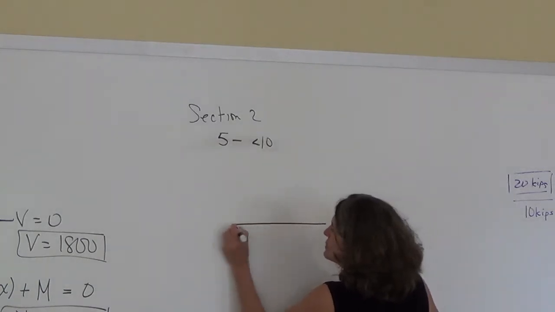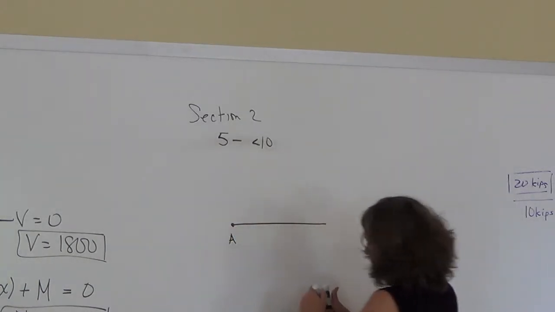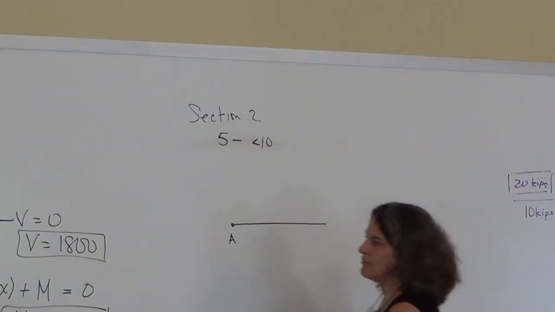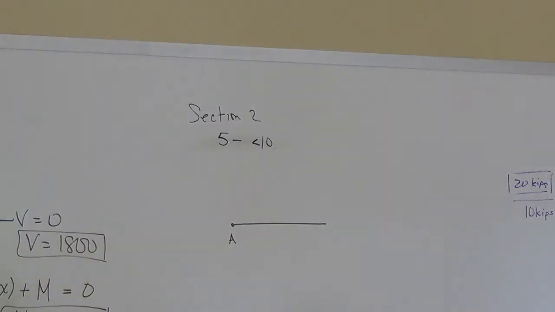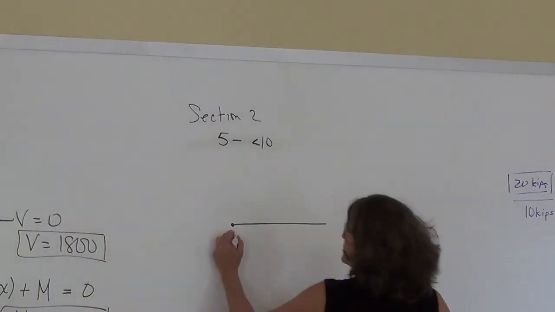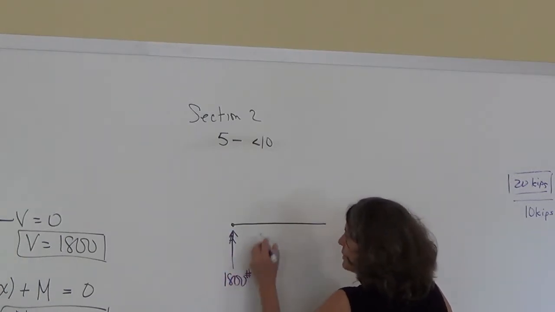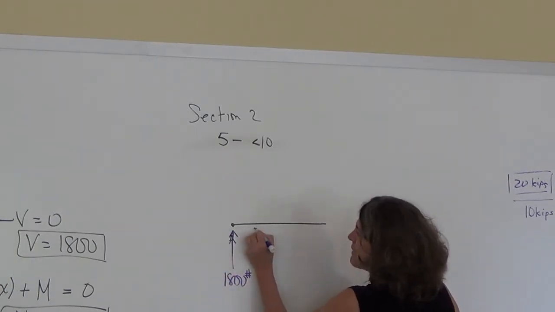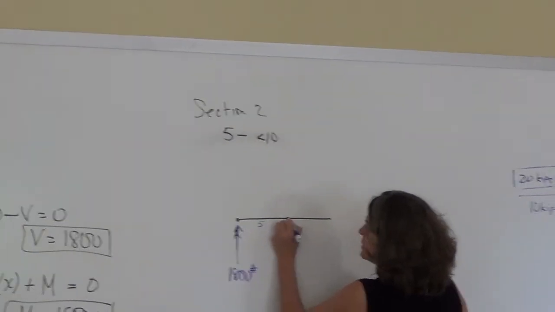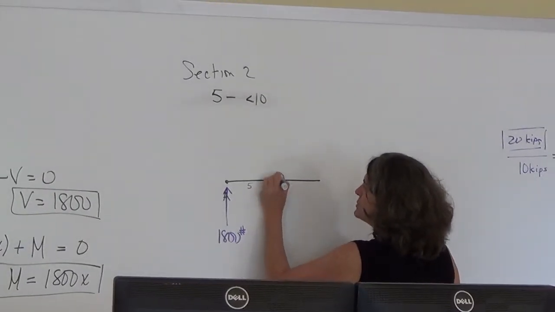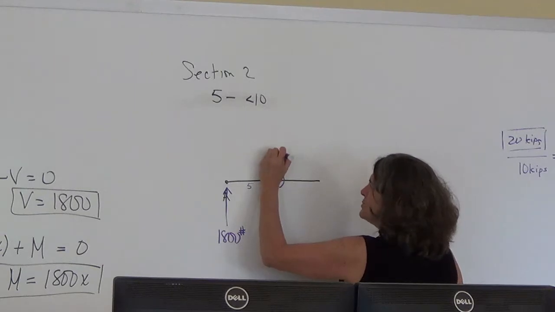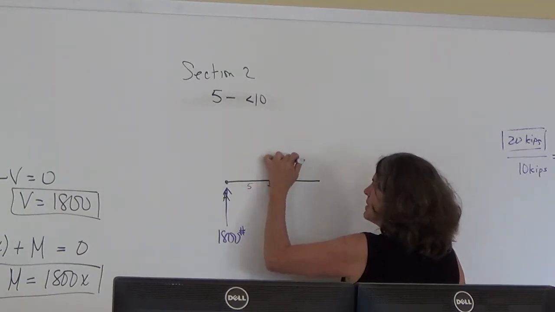So now, I'm still coming from A, and I have the 1800, what should I draw? I have to draw the 1800 pounds. What's the distance here? 5 to here, and there I have a moment, a concentrated moment, right? And 900 or 1,000? 1,000.